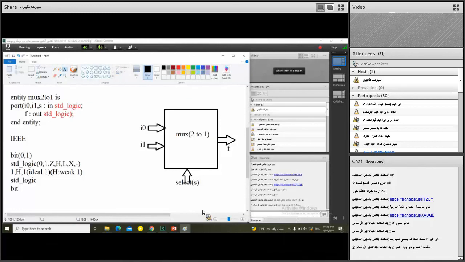Okay, after speaking about the entity, now it is time to speak about the architecture.